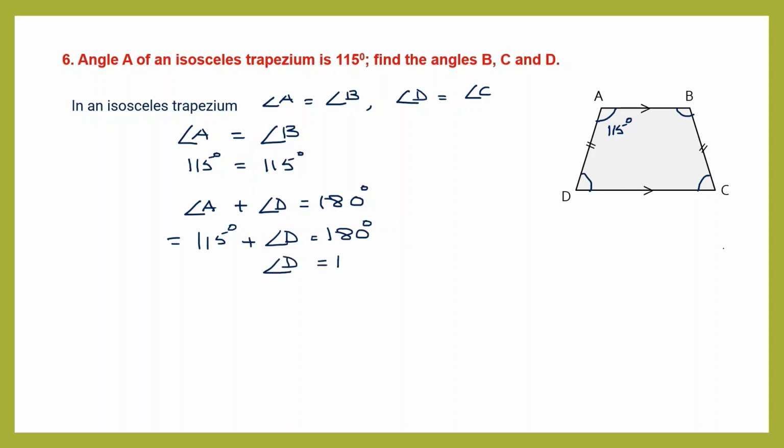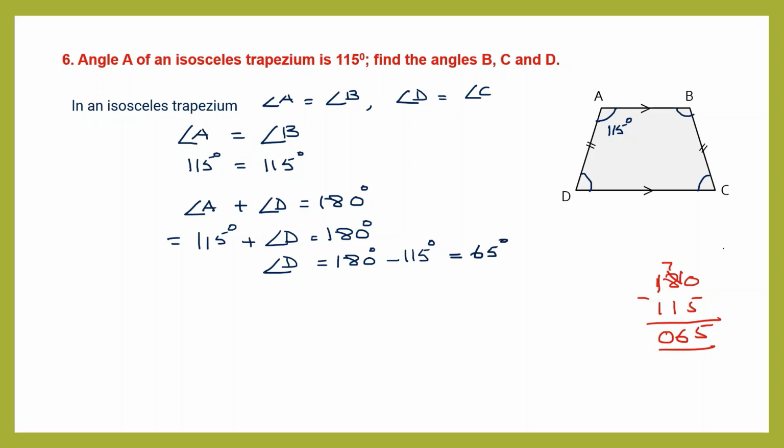That will be 180 minus 115. So let's subtract that and see. 180 minus 115: 10 minus 5 is 5, 7 minus 1 is 6, so 65 degrees. So we have found angle D to be 65 degrees.